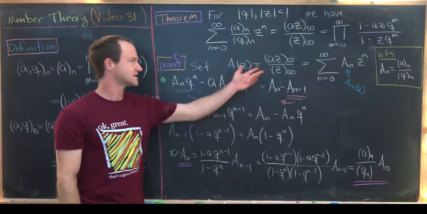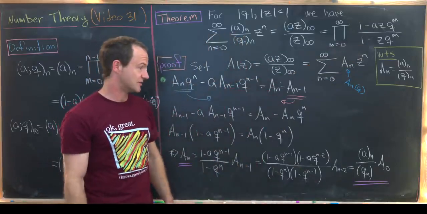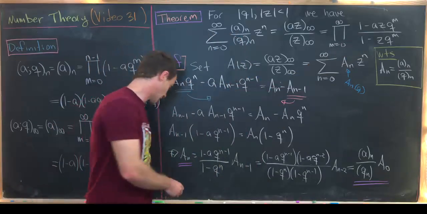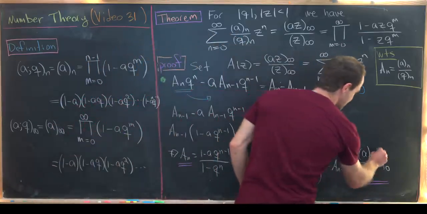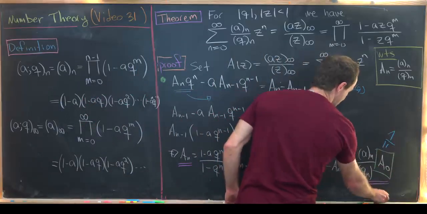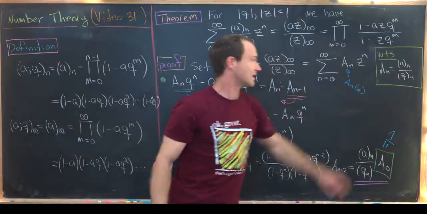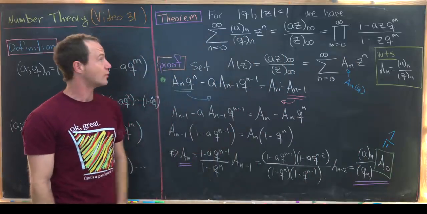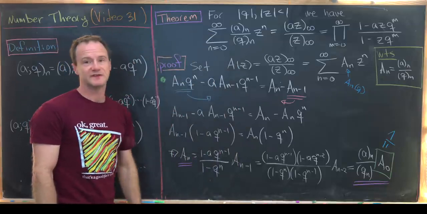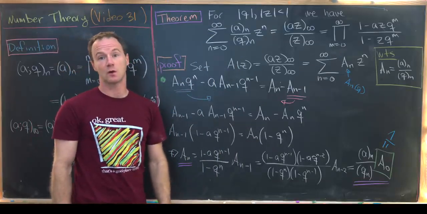And notice that the constant term of this expansion, when everything is expanded as a geometric series, will just be the number 1. So that means we can take this a sub 0 here and just replace it with the number 1, meaning we have built this formula in the yellow box, which is what we wanted in order to prove this identity. Okay, so let's maybe get rid of this proof and we'll look at a corollary.